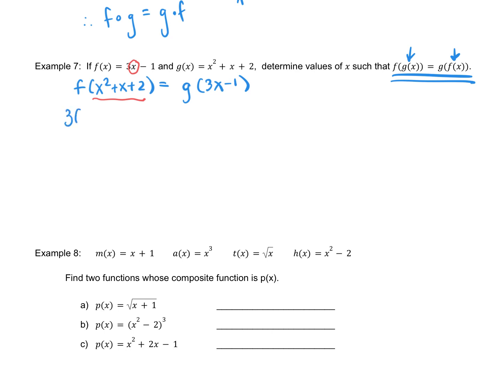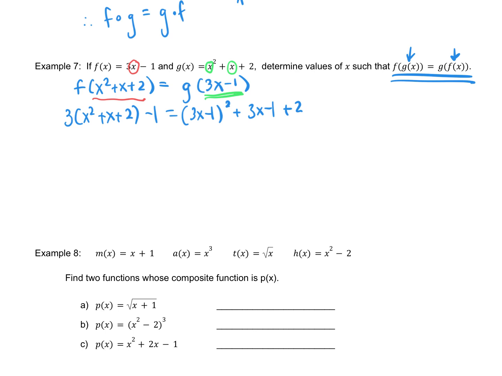So that's going to be 3 times x squared plus x plus 2 minus 1 equals, and here this has to go in and replace all the x's in g. So that's going to be 3x minus 1 squared plus 3x minus 1 plus 2. I could put brackets here, but they really don't make a difference because the coefficient of x is just a positive 1. So I'm just not going to put them.